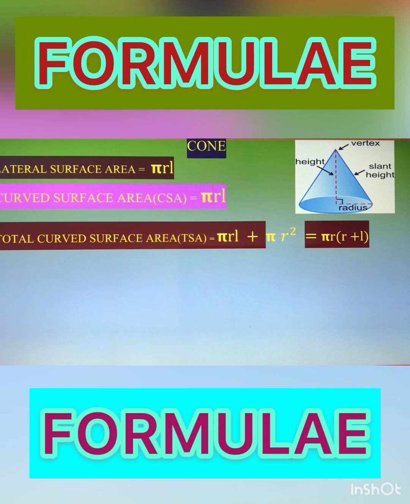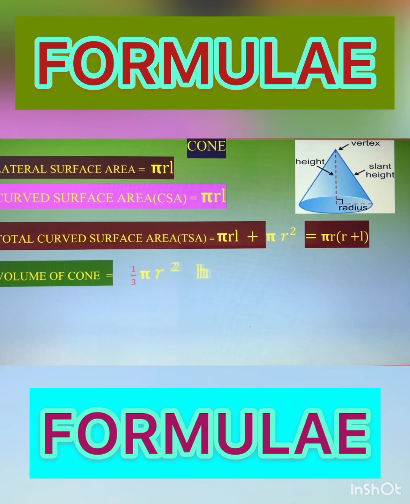You can see here very clearly, this top part is the curved surface area and the bottom part is circular form. Therefore, area of circle is pi r square. So you will get the total surface area pi r L plus pi r square, that is pi r (r plus L). This is the total surface area of the cone. So it is known as TSA.